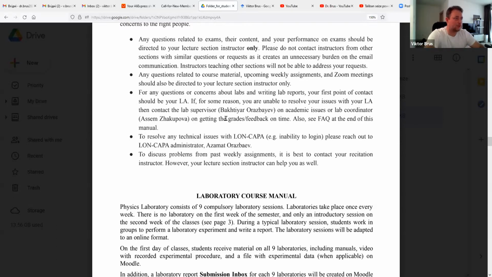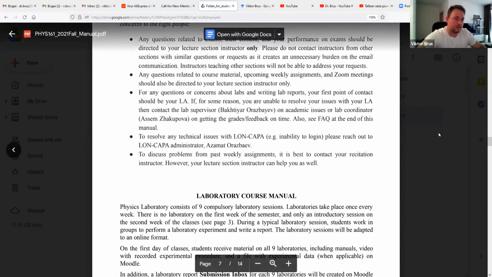If it doesn't work, the LA doesn't agree, and you are still not convinced by the provided grade, you have an opportunity to contact the lab supervisor, Bakhtiar Orazbayev.